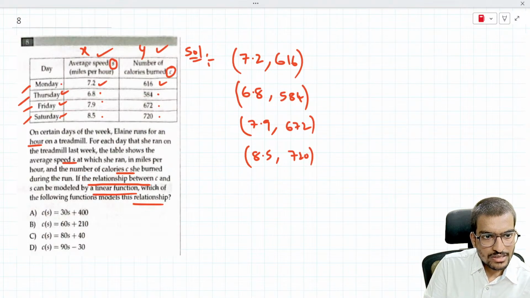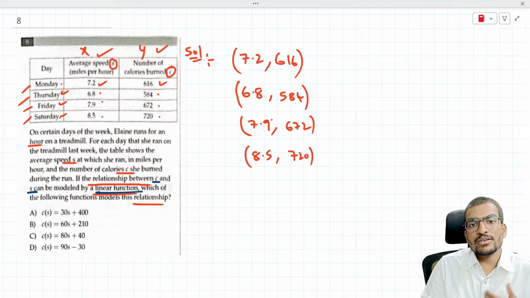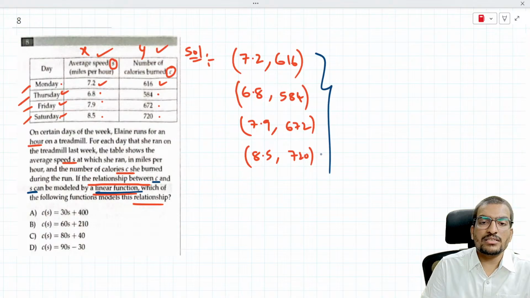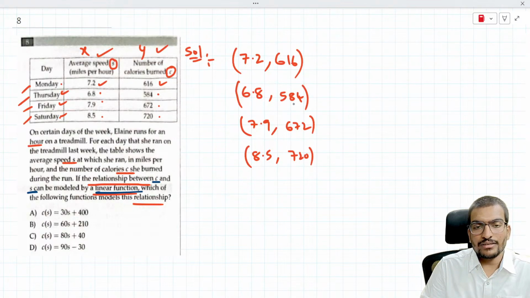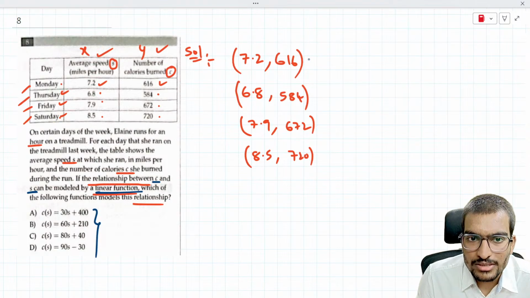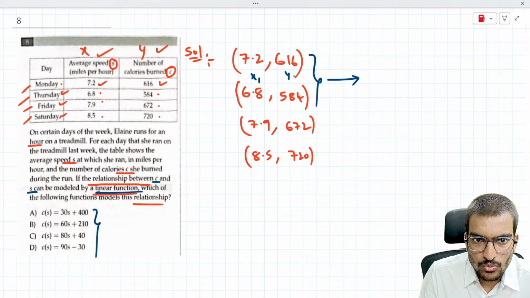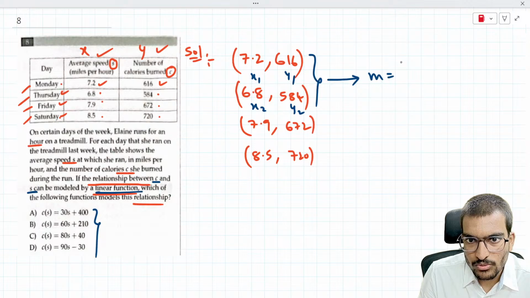If the relationship between C and S can be modeled by a linear function, if these points are connected with a line, then what is that line's equation they are asking? It is so easy. Take any 2 points and find the slope. Just consider x1, y1, x2, y2. So slope m equals y2 minus y1, change in y, by x2 minus x1, change in x.